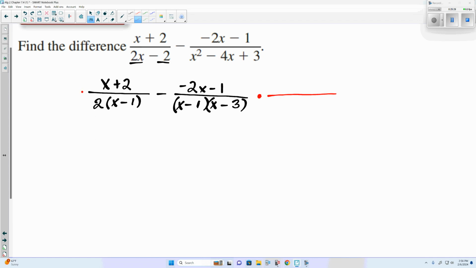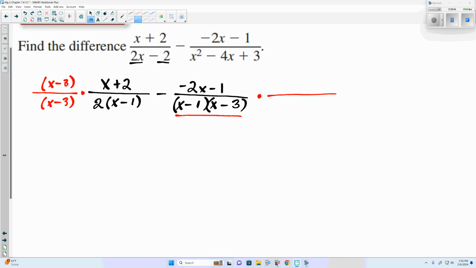Now we can see that the denominators of these two rational expressions are indeed not the same. Now the denominator on the right is 2 times x minus 1. Well, what is it missing that the one on the left has? x minus 3. Because for them to be the same, the one on the left needs an x minus 3, yes? So top and bottom, we need to multiply it by x minus 3.